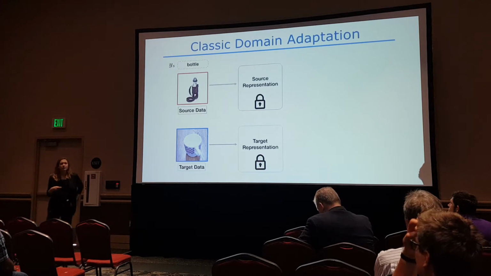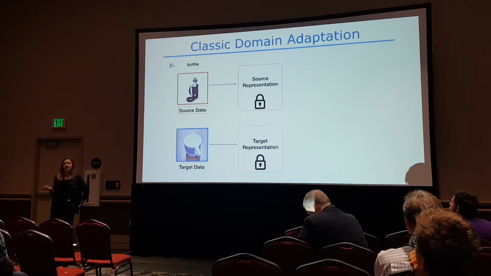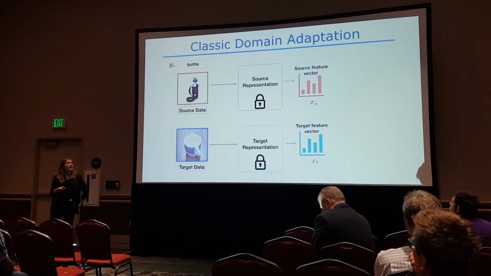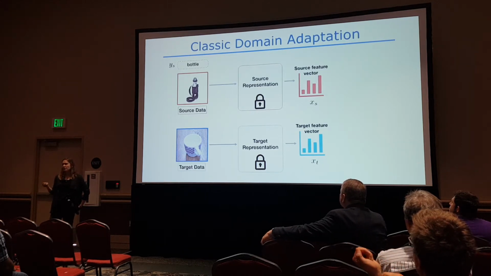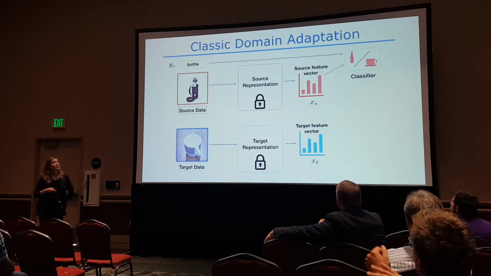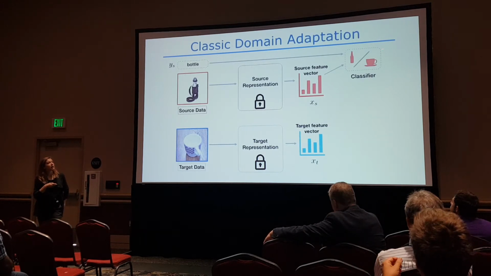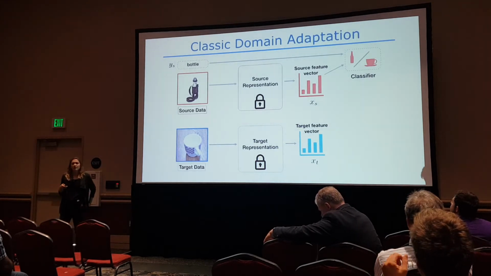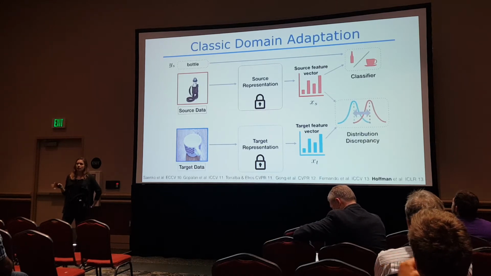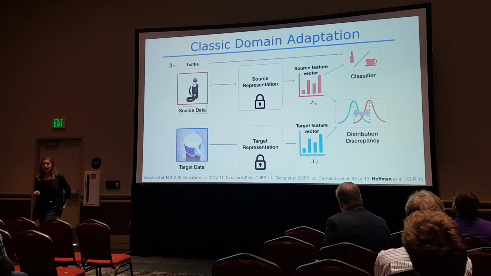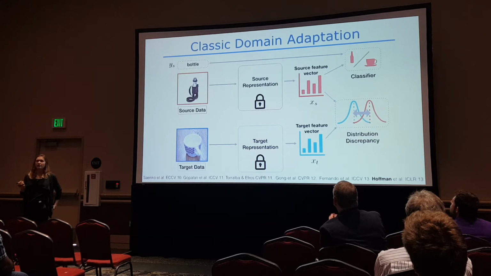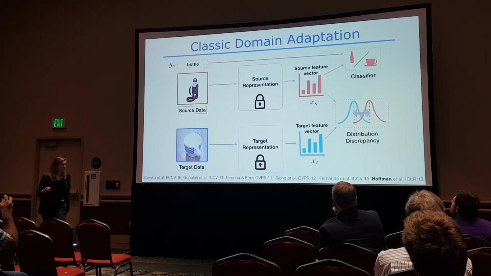You'd then have some sort of hand-designed representation, and you could use that representation to extract useful features from these images that you could then use to train some semantic classifier, in this case, bottles and mugs. And the problem of adaptation then arose exactly when there was a distribution mismatch in this feature space between the source and the target data.